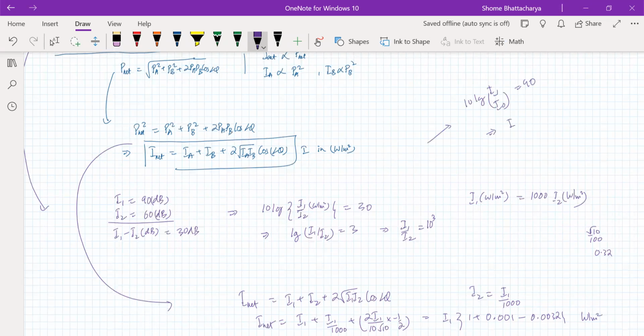That means I1 by I0 is 10 raised to 9. So I1 is 10 raised to minus 3 watts per meter square. That's why our I2 is 10 raised to minus 6 watts per meter square.